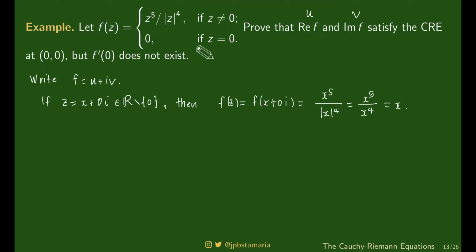Correct. So therefore, what are the real part and the imaginary part of f of z when z is on the real number line?